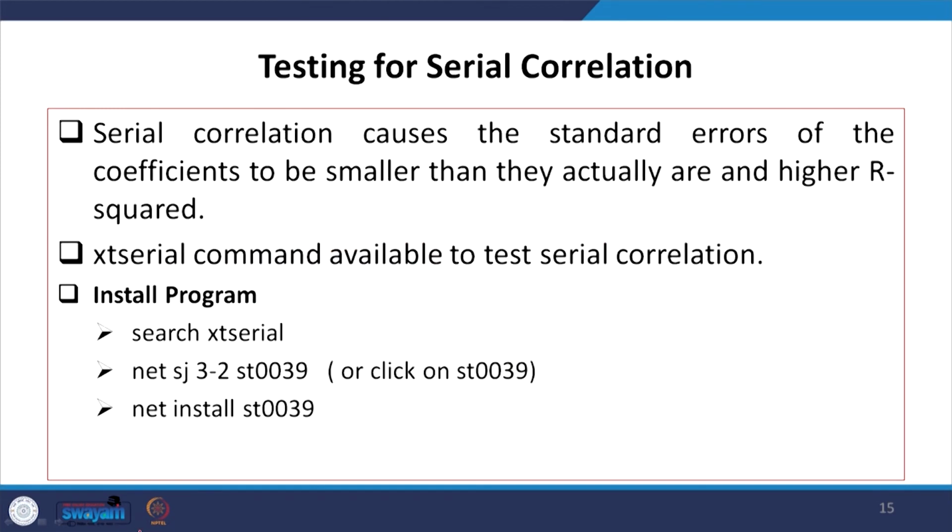These are the commands. Basically, we need to install the program. We need to search for XT serial, then net SJ 3-2 ST 0039, then we need to install that particular ST 0039 on our system. Then only it will work.